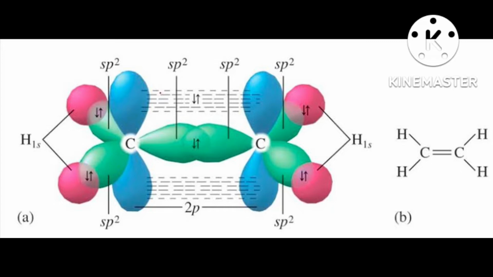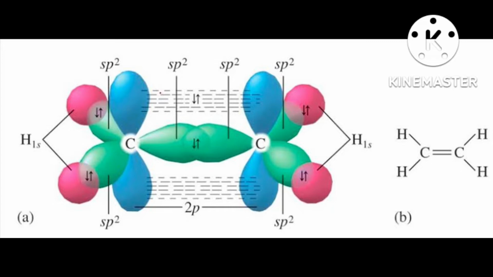Here the important thing is that when two atoms come close to each other to form a bond, their overlap may be positive, negative or zero depending upon the sign or phase and direction of orientation of the amplitude of the orbital's wave function.